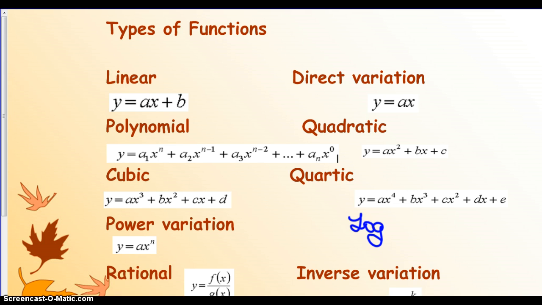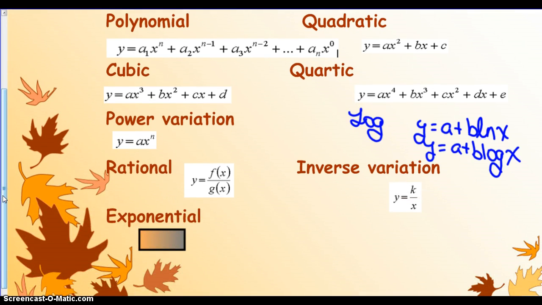logarithmic. Okay, so that is y equals a plus b ln x, or y equals a plus b log of x. And the last one that we'll get to later in this unit is a logistic.